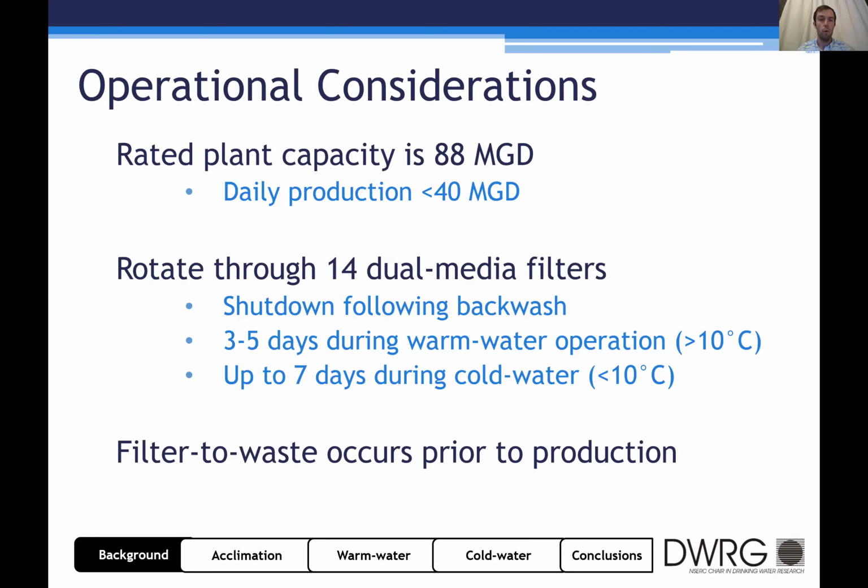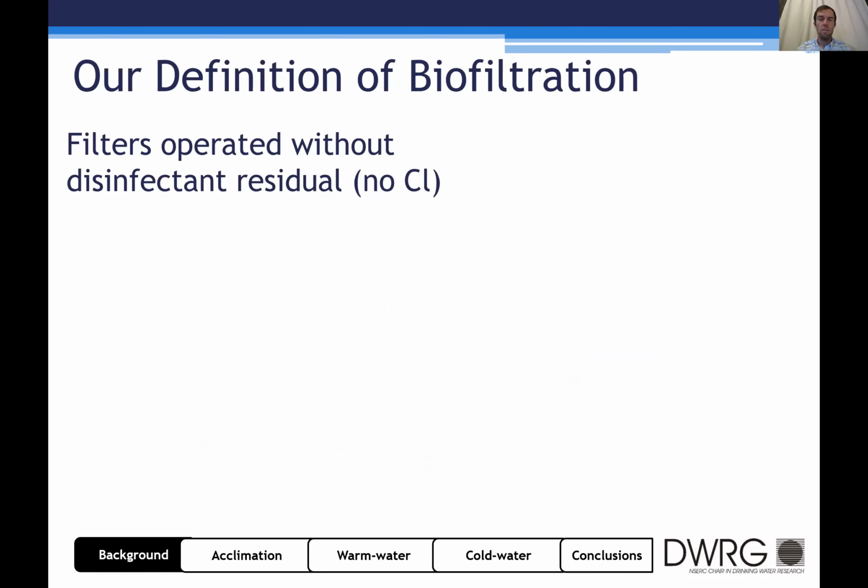So when we talk about biofiltration, it's always really important to consider your definition of biofiltration. In the past, there's been a lot of biomass or performance-based thresholds that have been proposed, but that doesn't necessarily apply in every facility. In Ontario, we have a lot of surface waters that are relatively high in organics, 5, 6, 7 milligrams per liter.